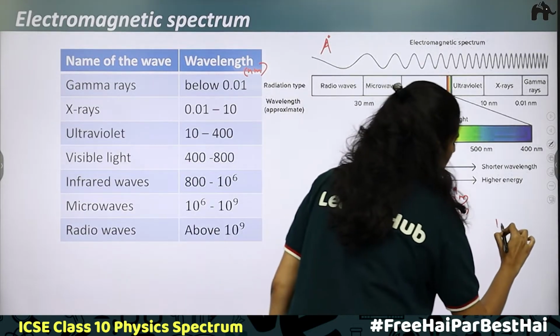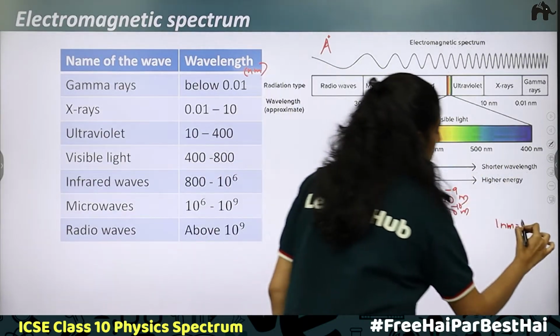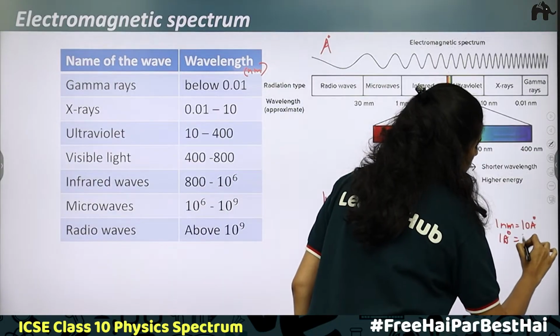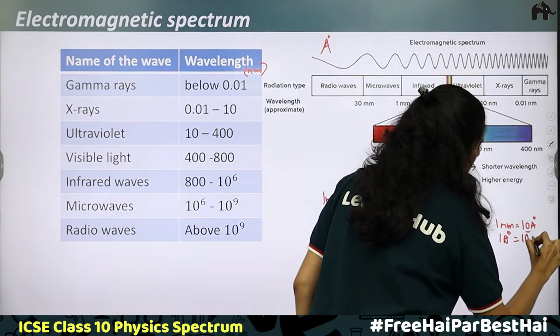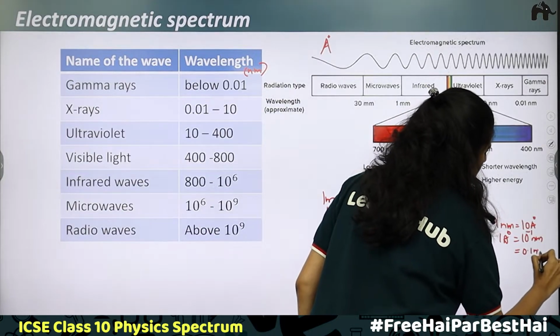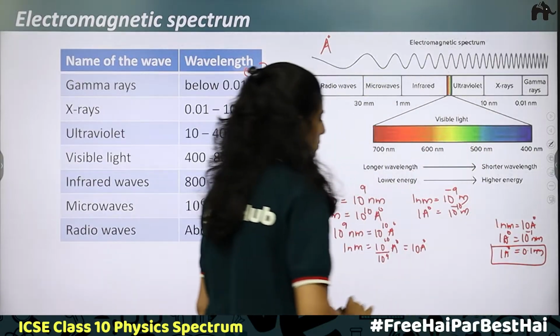So this interconversion is very important. 1 nanometer is 10 angstrom, or 1 angstrom is equal to 10 raised to minus 1 nanometer, which is 0.1 nanometer.